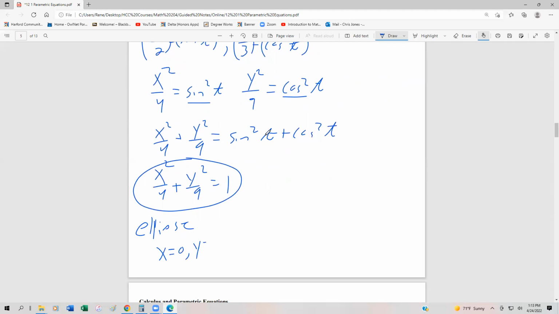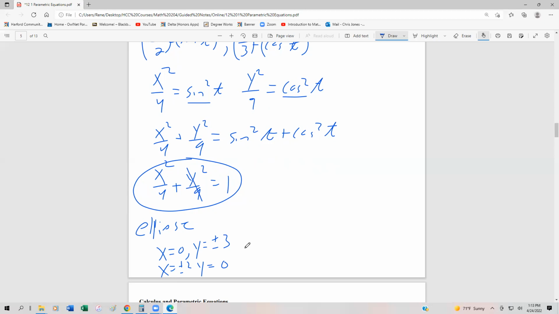Well, then y would have to be equal to plus or minus 3, because the only numbers that you could divide by 9 to get 1 are plus or minus 3. And then if y were equal to 0, x would be equal to plus or minus 2, because the only numbers that you could substitute in for x to get x squared over 4 equal to 1 would be plus or minus 2.